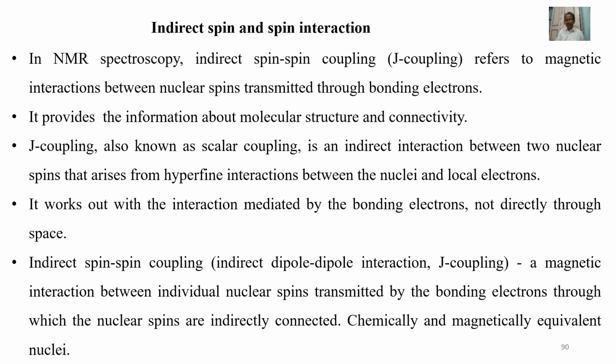J coupling is an indirect interaction between two nuclear spins that arises from hyperfine interaction between the nuclei and the local electrons. It contains information about relative bond distances and angles. Most importantly, it provides information on the connectivity of chemical bonds.